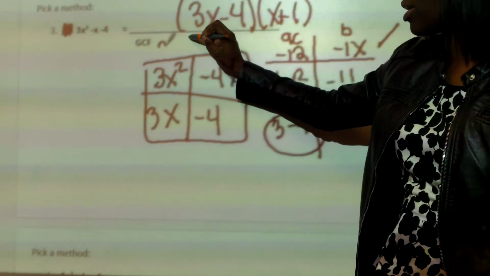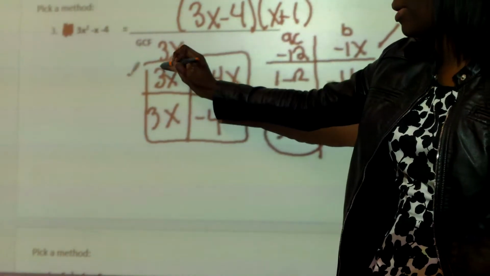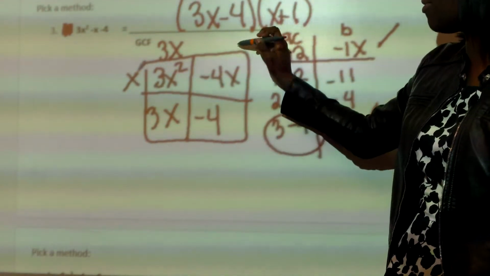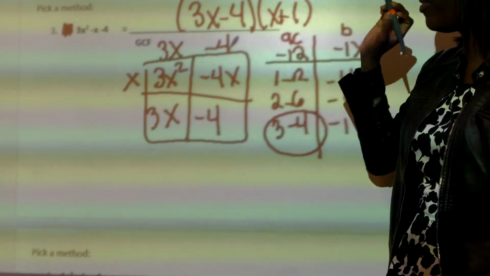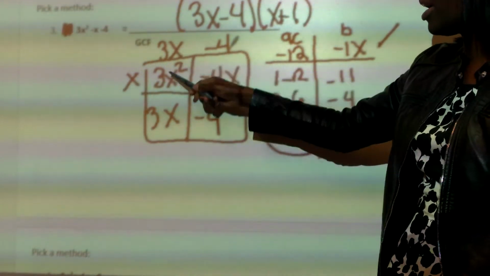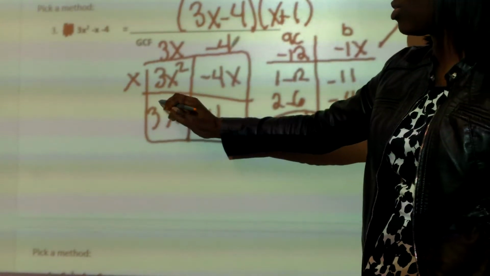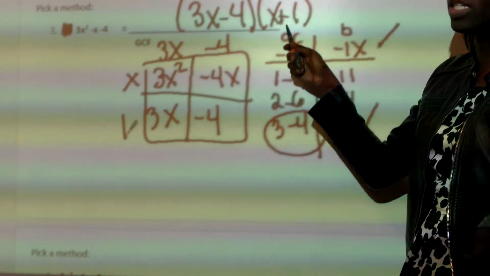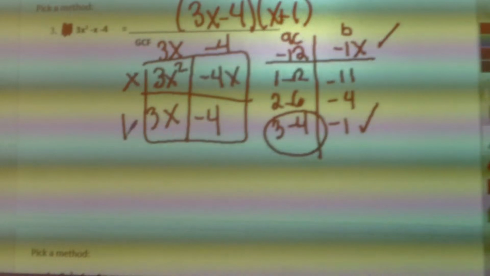So I'm going to write my 3x up here, and I'll write my x right there. X goes into -4x. -4 times x is -4x. And then 3x times what will give us 3x? 1. And so that's how we got 3x minus 4 and x plus 1 as the factors.